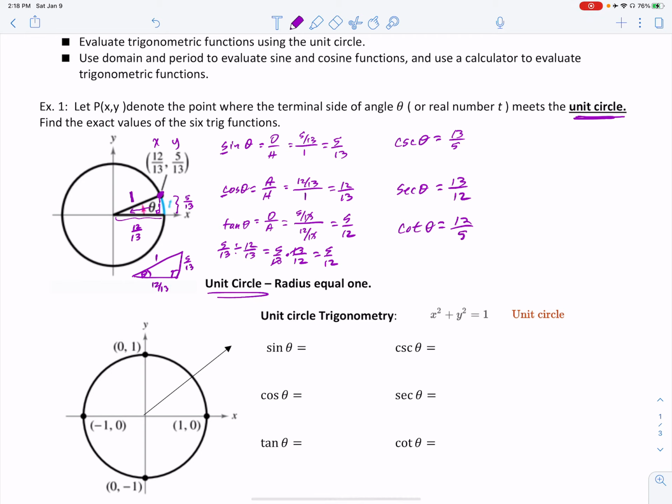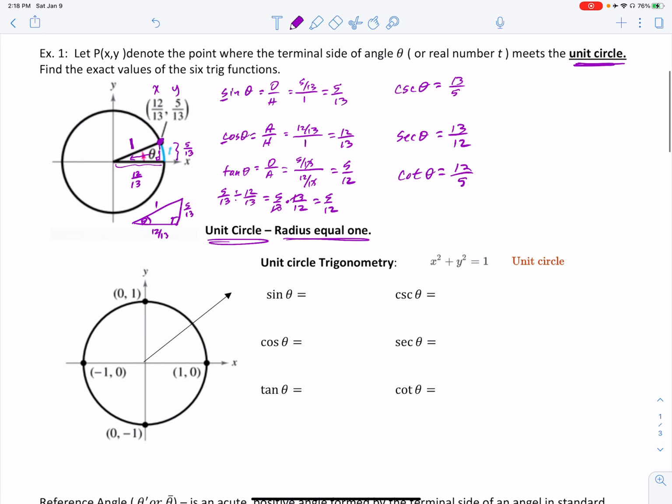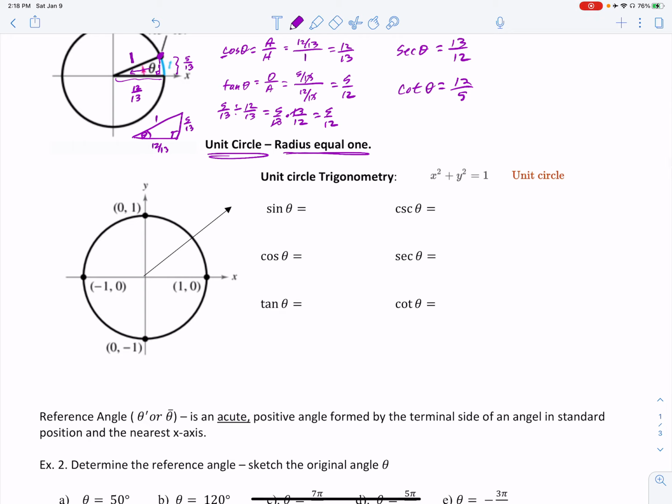Okay, so it's very important: unit circle, radius equals 1. Because of that fact, when we have this point where the terminal side hits the unit circle, and that point is given the ordered pair x, y, what always happens if I drop an altitude to the x-axis, and here is my angle of rotation, this side is x, this side is y, and the hypotenuse is 1.